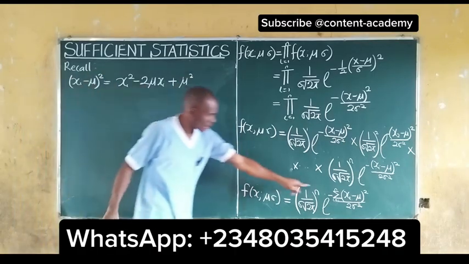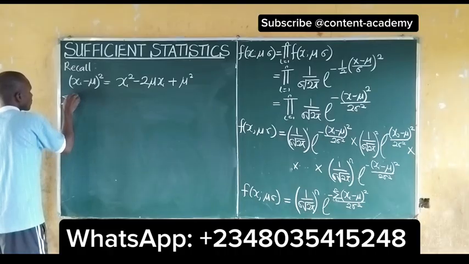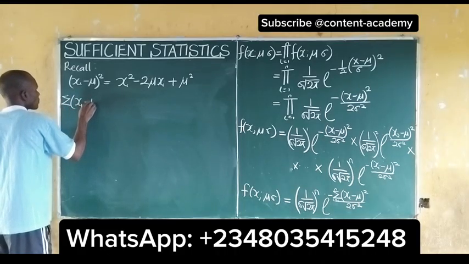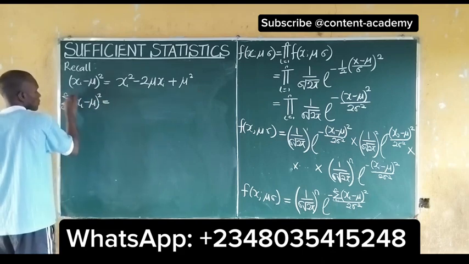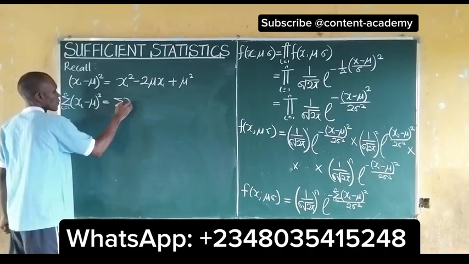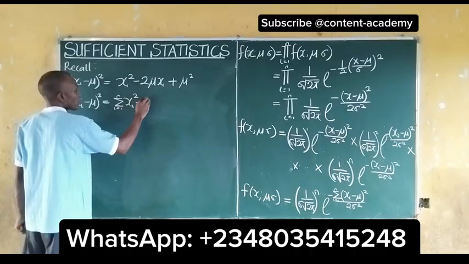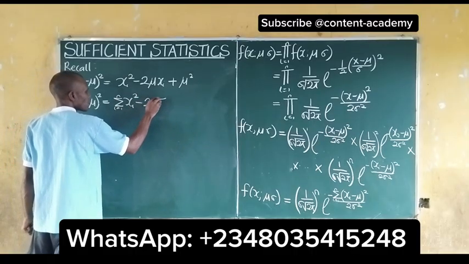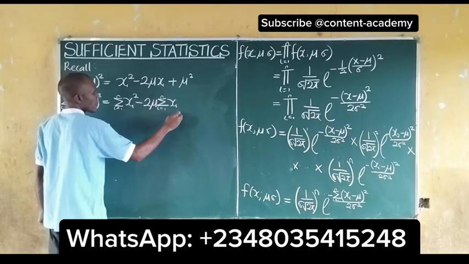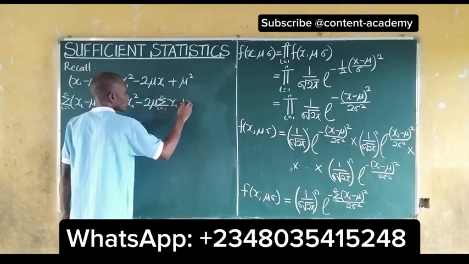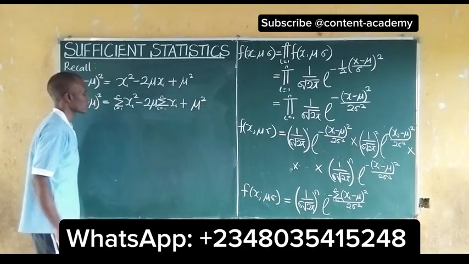It then means that if we have the summation sign here, summation of (xi minus mu) squared is equal to summation of xi squared as i running from 1 to n, minus 2 mu summation as i running from 1 to n of xi, plus n mu squared. So this is what we'll get.